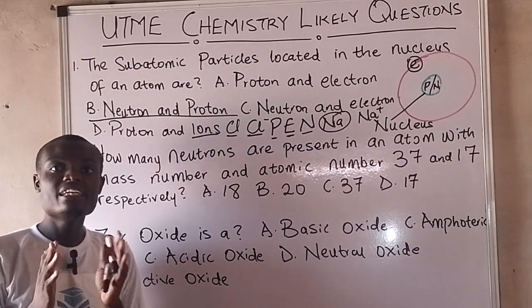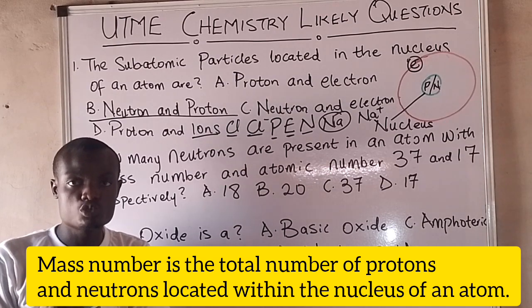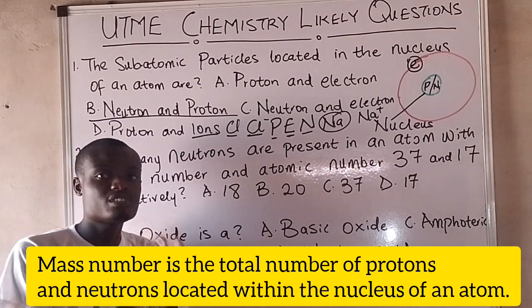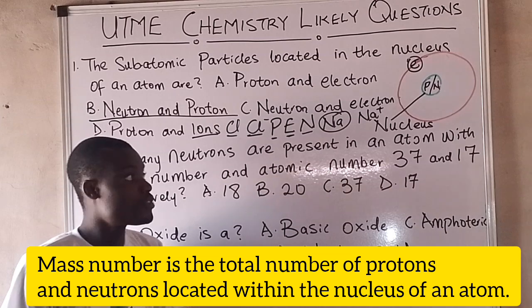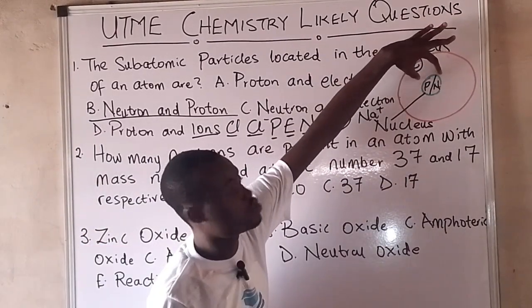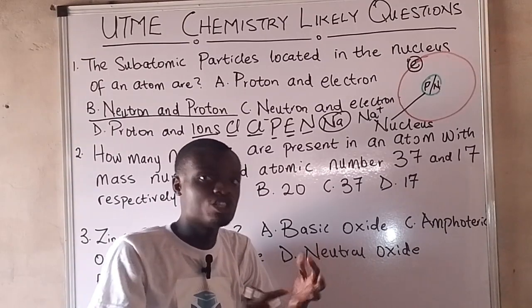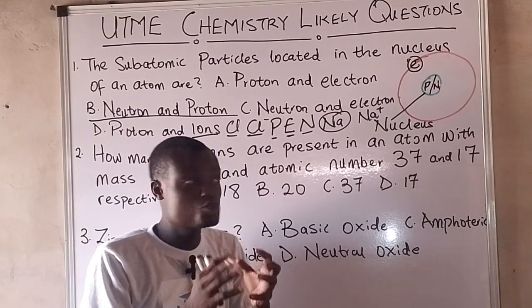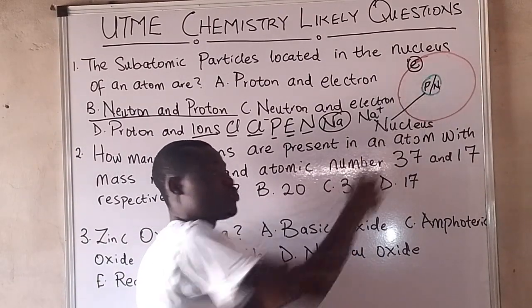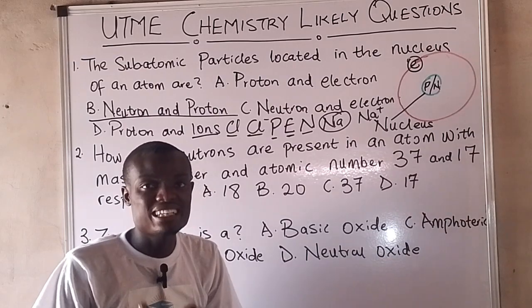Now, mass number is simply the total number of protons and neutrons that are present in the nucleus of the atom. Remember, we have the nucleus of the atom. In this nucleus, we are going to find protons and neutrons. The total number of protons and neutrons that are present within this nucleus is what is referred to as mass number.